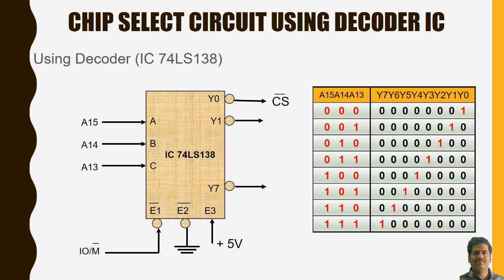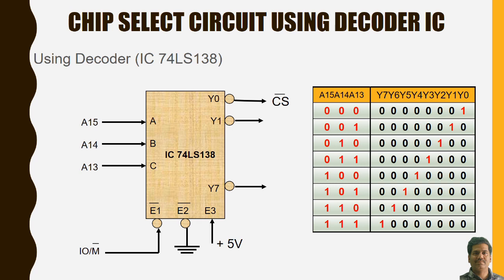Now most typically, the IO M bar signal we give as the enable signal, which is an active low signal in this case. E2 bar is connected to ground, and E3 is of course plus 5 volt. There are different notations for this for the various ICs.